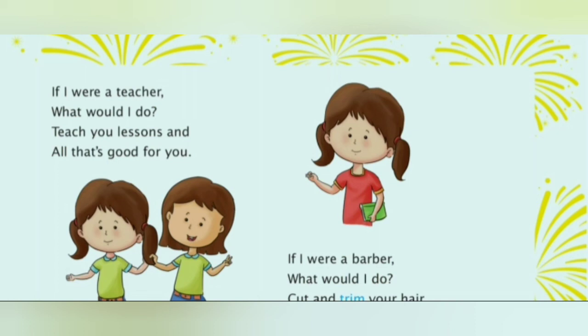So, a little pause here. Lessons. Teach you lessons and, try with me, okay? Next line, all that's good for you. Like you're saying some answer. All that's good for you. Clear? Fine. Let's move to the next stanza.